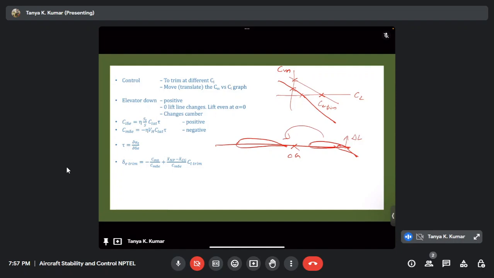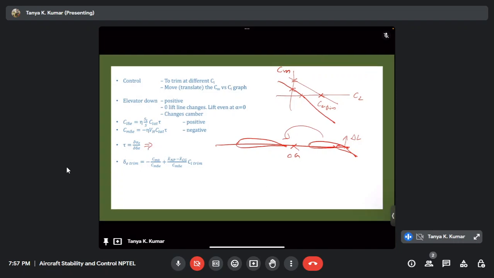Okay. Then what is tau? This is dou alpha tail by dou delta E. What is tau? How is it defined? What is that quantity? Tau is the control surface effectiveness parameter, right?